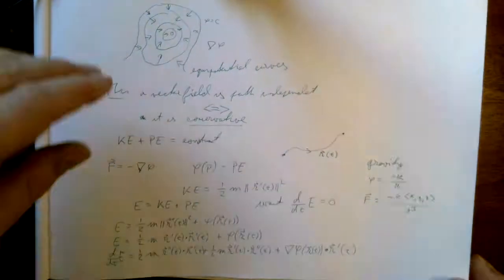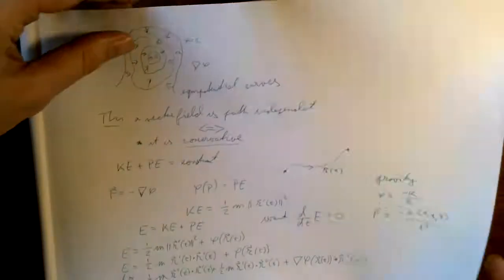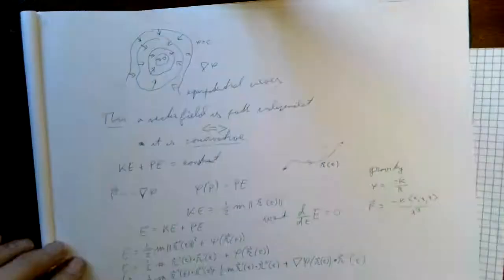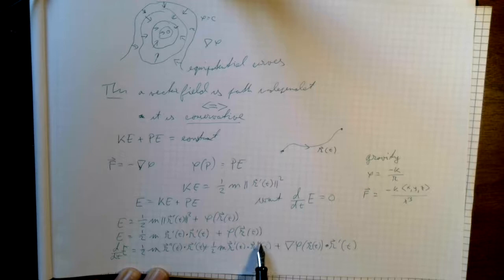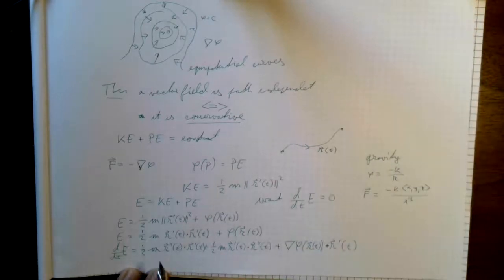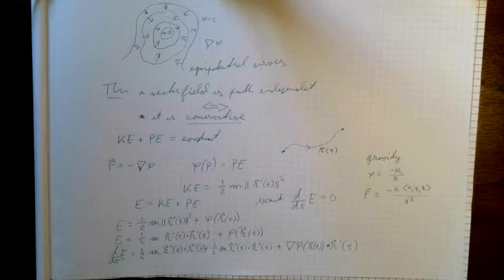We'll need another page, but I don't want to get rid of this page just yet. If you look at these two terms, they're almost the same. It's just that r double prime is here and r prime is there, but the dot product is commutative. So this is the same thing as if I put r double prime over here, and the 1/2 disappears, because I add up two terms that are the same.